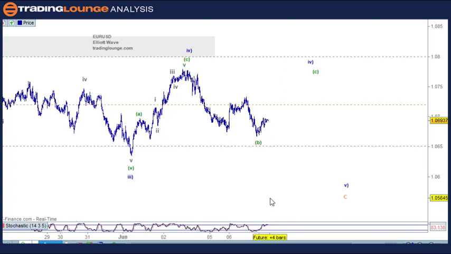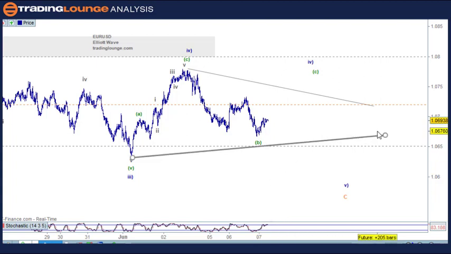So I don't want to lead anybody astray at this point. It could continue down, or we could get something a bit more complicated. I mean, triangles and those sorts of things happen in wave 4s, and double zigzags and triple zigzags and all sorts of weird stuff.